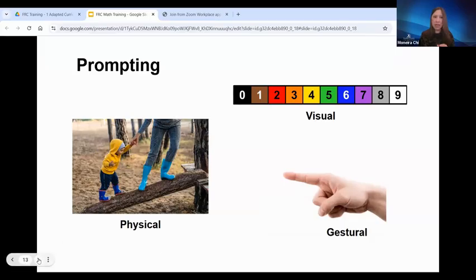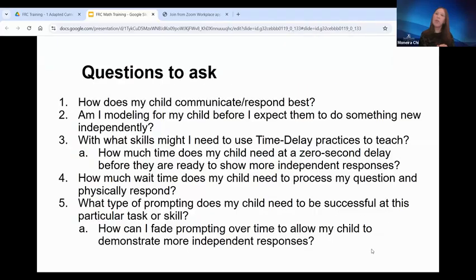So that prompting resource that you have in your guide is very helpful for helping you consider all of those options. So let's think about different questions that we might want to ask ourselves to see if we're putting some of these practices in place with our child at home.